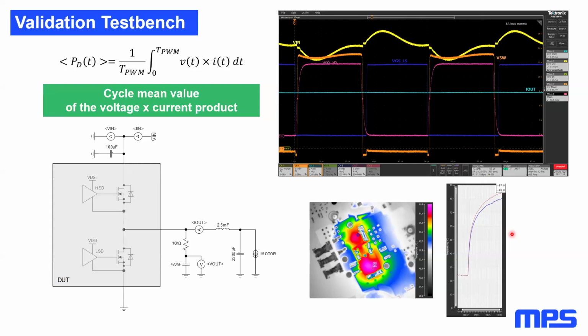The difference between input and output power equals the total power dissipation in the two MOSFETs and in the PCB traces. This data point has been recorded under different load conditions, giving us the benchmark datasets that we need.